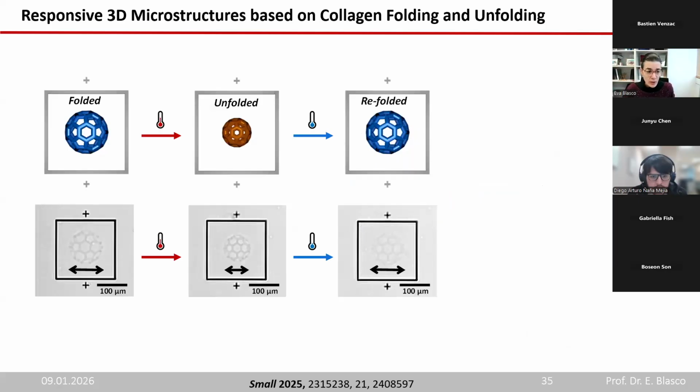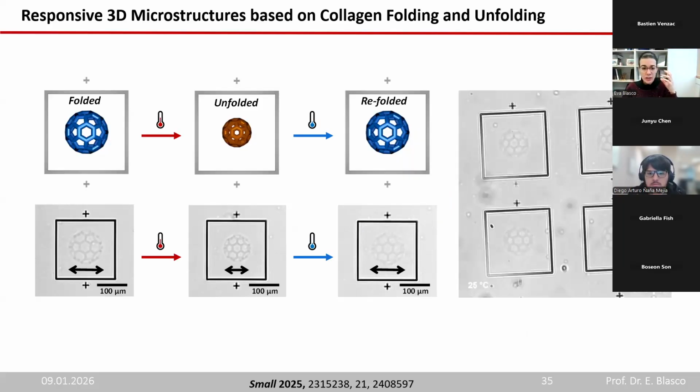So here what you see more in black is a frame with a non-responsive material as reference, and a hollow buckyball printed with the collagen. Due to the large presence of water, the contrast is a bit lower. When we increase the temperature, we unfold, then we have this compression, and it's completely reversible.